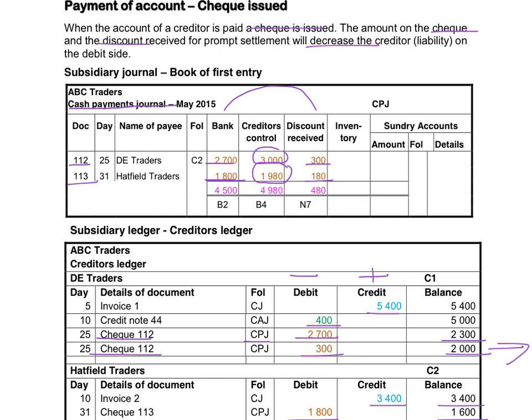Now, if no mistakes were made, then the balance in the creditors control account must equal the total in this creditors ledger list, because all the individual entries are posted to the individual accounts of the creditors in the creditors ledger, and the totals are posted to the creditors control account, so the two must be equal, otherwise you made a mistake somewhere.